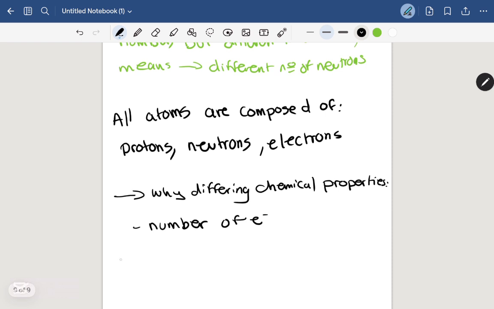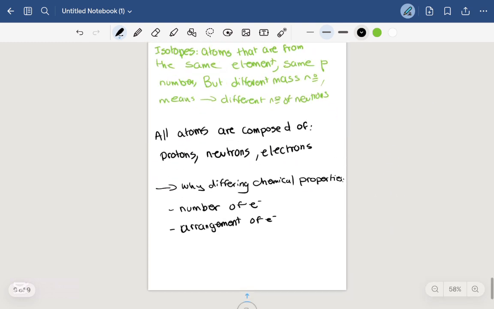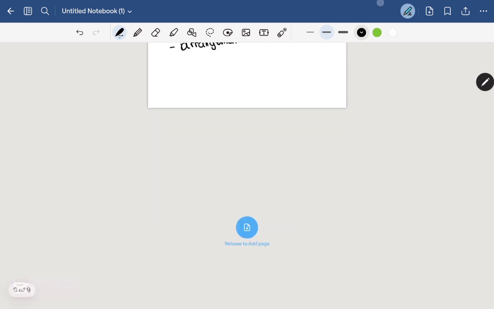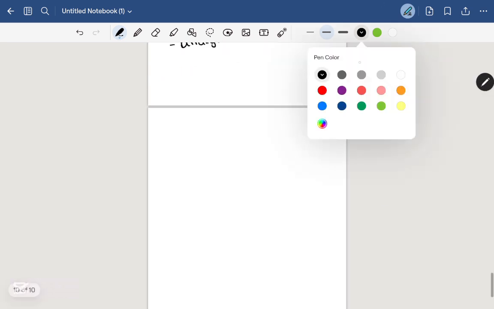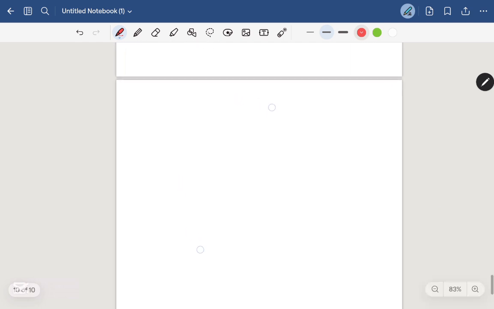E minus means electrons. So different elements will have different chemical properties due to the different number of electrons and the different arrangement of electrons. So now we move on to another very important key topic, which is naming binary ionic compounds.